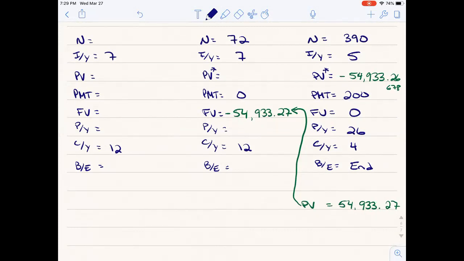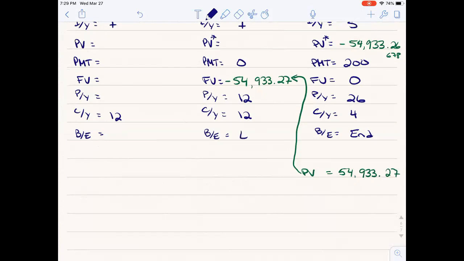The payments per year, if we don't have any payments, do you remember the trick that we used? We just force it to be the same as the compoundings per year. For these regular compound interest problems, I don't think it makes a difference if you're in the beginning or the end mode, but let's just stay in end mode. You're welcome to check it, but I don't think so.